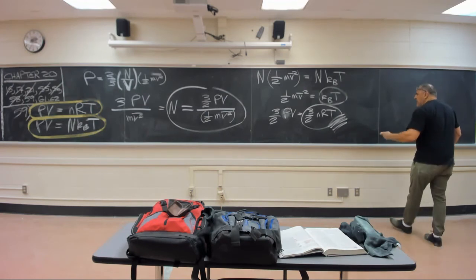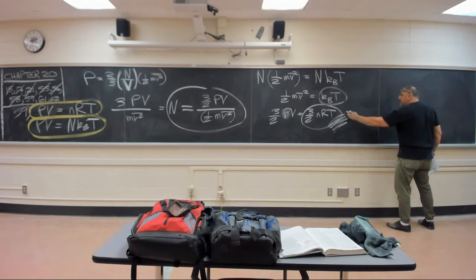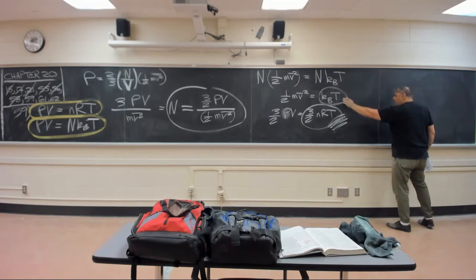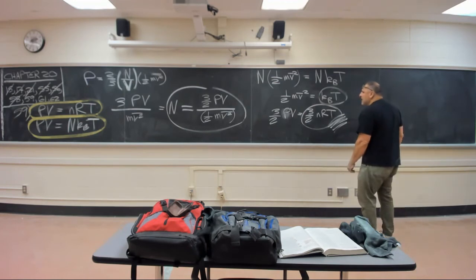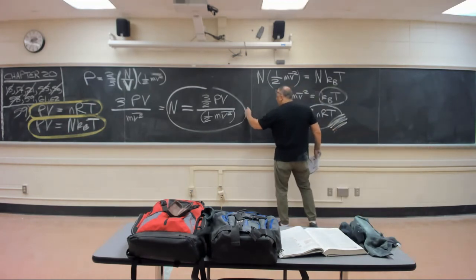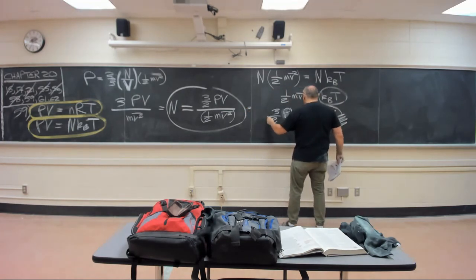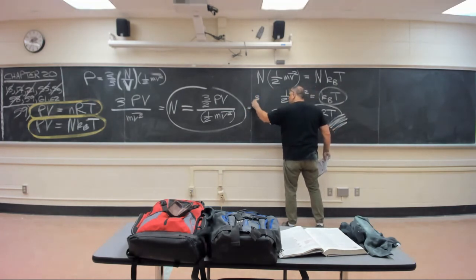What just jumps out is if that's the total internal energy, and this is the energy of one of them, the total energy divided by the energy per one will tell you how many items are present. That's all that's going on, you guys. This right here is total internal energy.